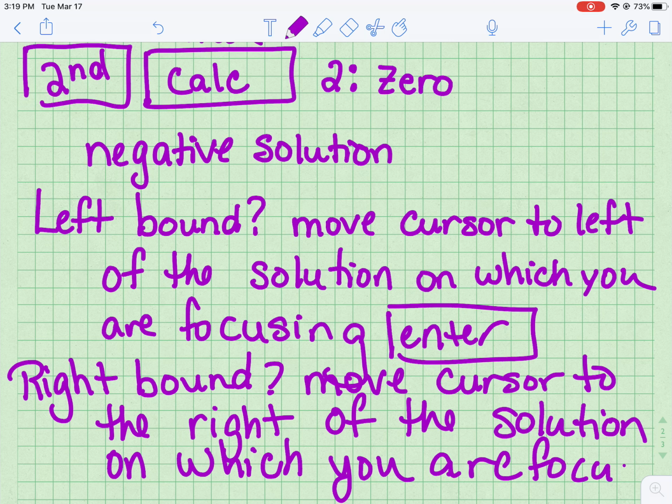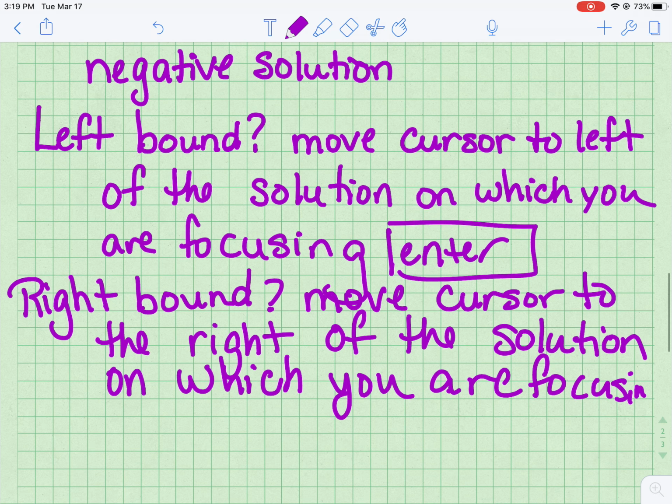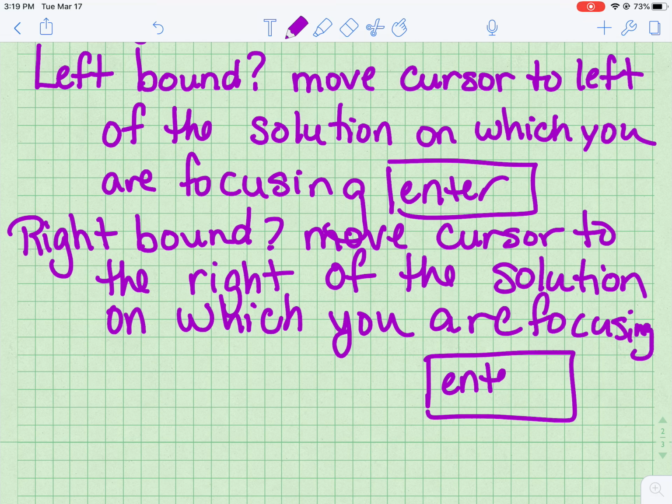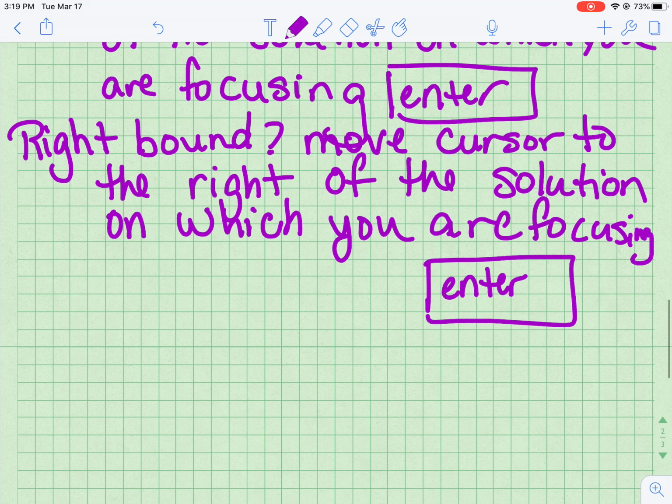So I'm just going to move slightly above the x-axis and to the right of that solution, or where the parabola is crossing the x-axis, and then I'm going to hit enter. Okay? Now you should have some boundaries, and between your two boundaries should be one solution. If you've made really big boundaries and both solutions are inside the boundary, you're not going to get the right answer. Okay, so only one solution should be in your boundaries.